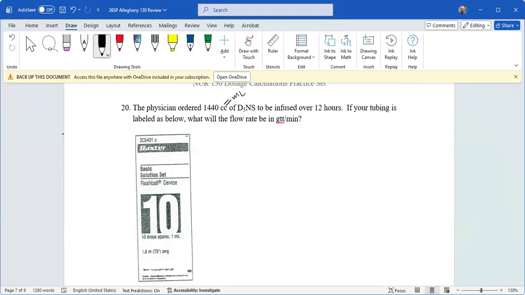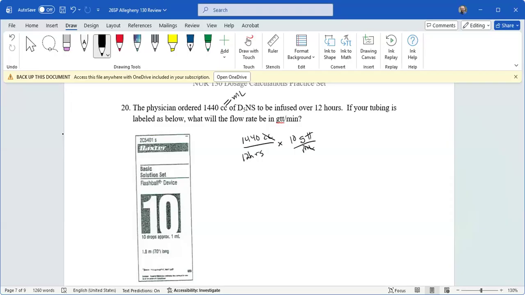It's a 1-to-1 conversion. So you're going to take your 1440 over your 12 hours, times your 10 drops per milliliter.